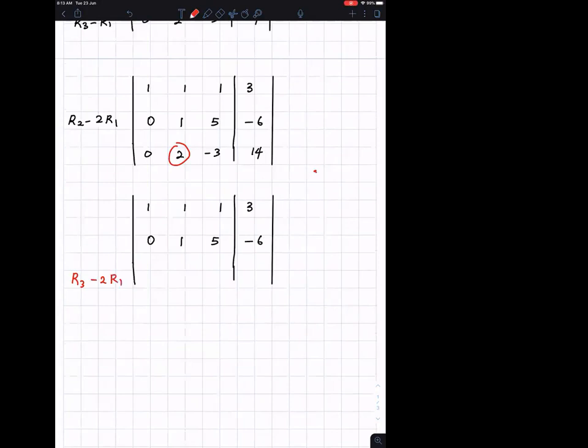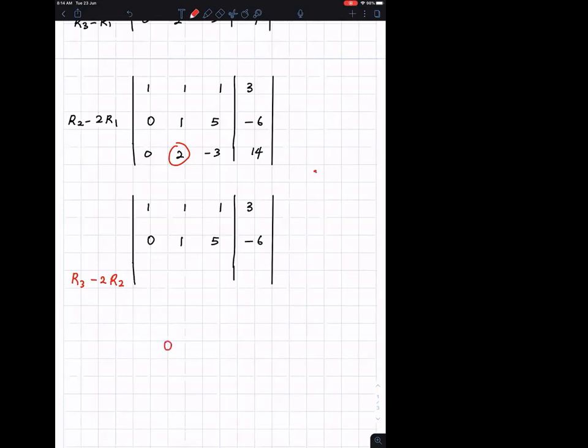But if I do that, it will make the already established 0 become non-zero again, so you don't want to do that. You don't want to use row 1 in this operation. You want to use row 2: R3 minus 2R2.